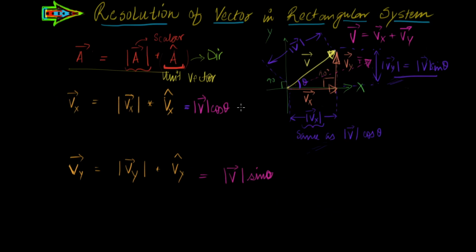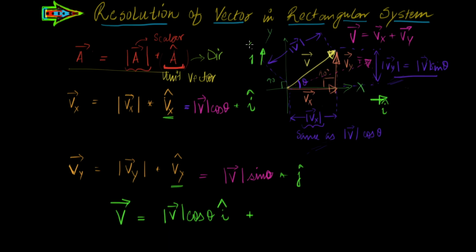And physicists do that by calling the x direction unit vector i cap or i hat, and the y direction unit vector j cap. So with that said, we have the following. The V vector turns out to be the modulus of V vector, cosine of theta, times i cap. i cap is a unit vector in the x direction. j cap is the unit vector in the y direction.